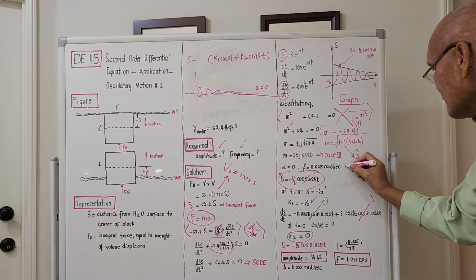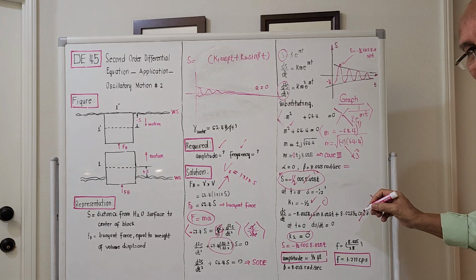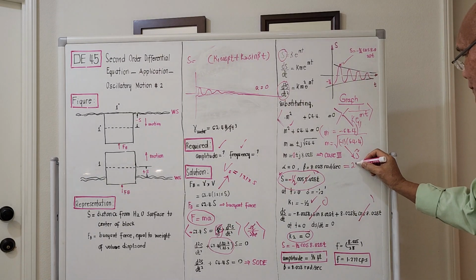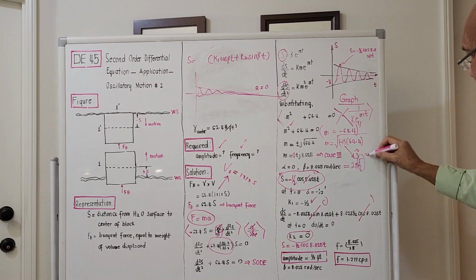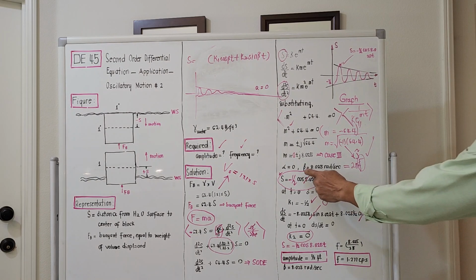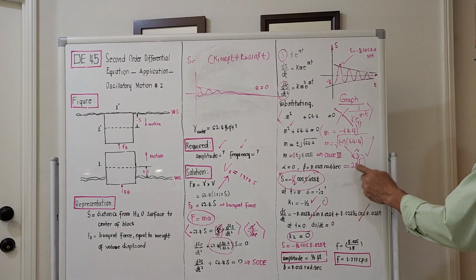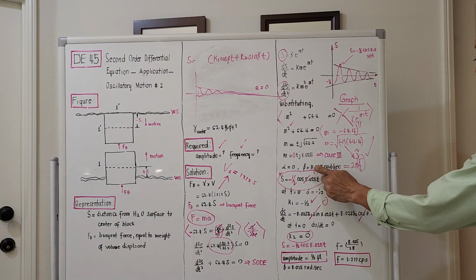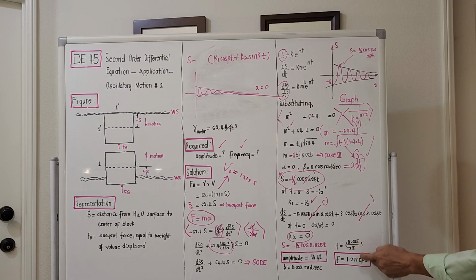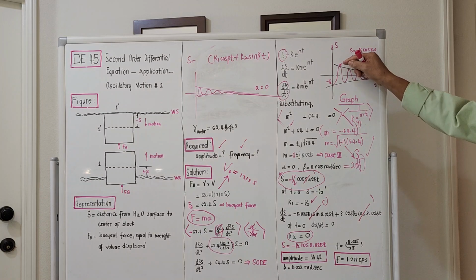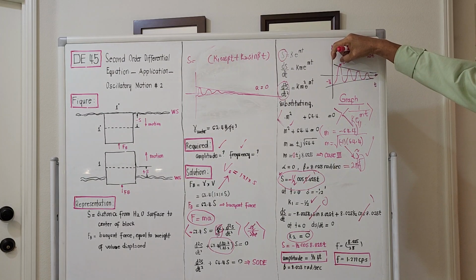In terms of frequency, beta is 2 pi f, and the problem is asking for just the frequency. So frequency will be 8.025 divided by 2 pi, and this is 1.277 cycles per second. It oscillates 1.2 cycles per second. It's very fast.